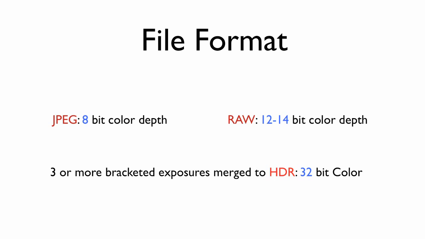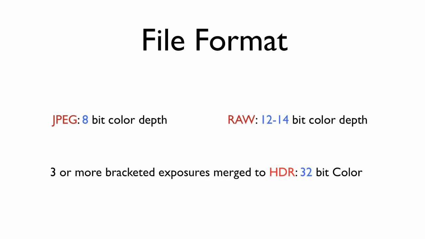So there are different file formats that are capable of capturing different color depths. The JPEG file format is the one that most every digital camera can shoot. This is an 8-bit color depth image, and it's the least forgiving when it comes to the tonal range of the photograph. RAW photographs typically have between 12 and 14-bit color depth, although that is getting higher and higher as we go forward in time.